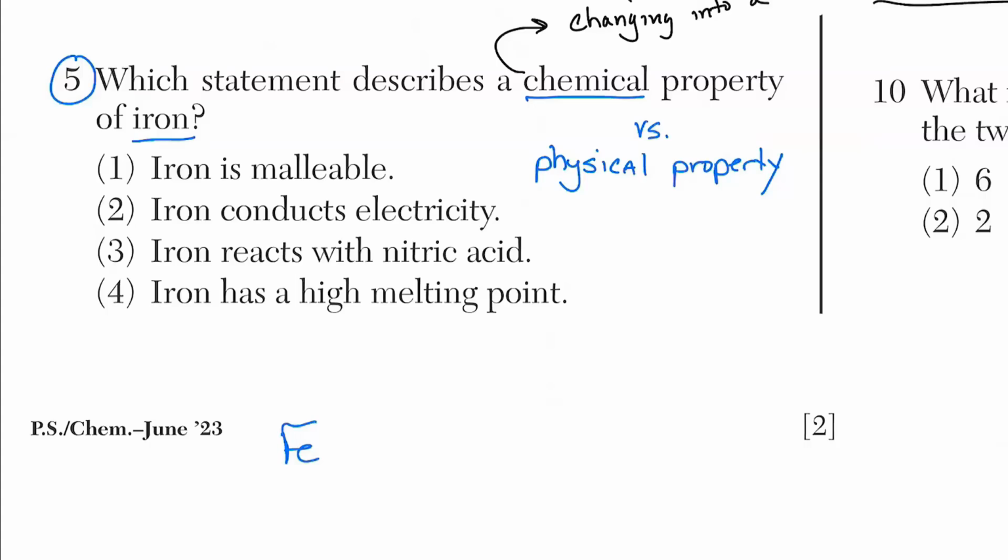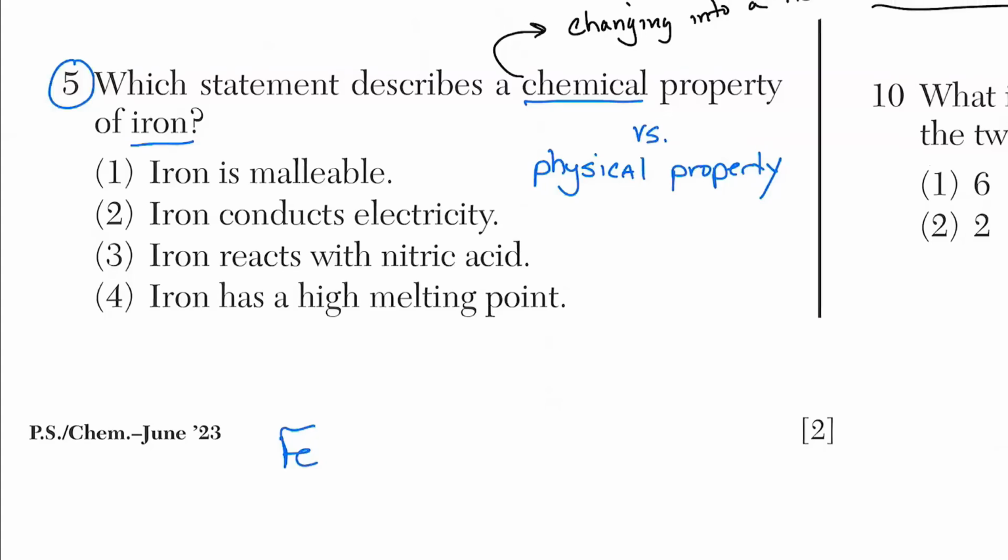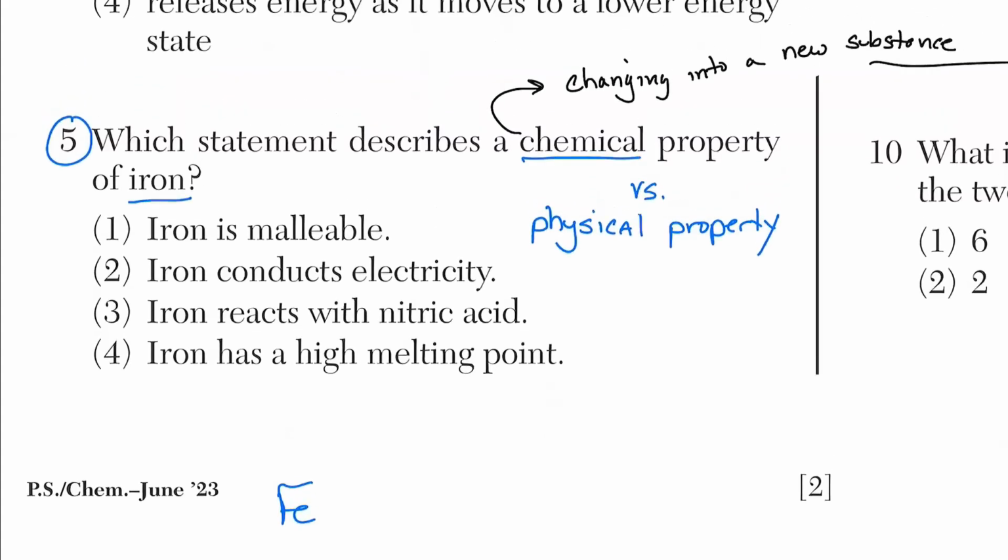Now I say new substance, but a chemical reaction is going to have a new chemical formula. So in a chemical change, we're going to break bonds and we're going to reform them, and we're going to make products that have a different chemical formula than the reactants.